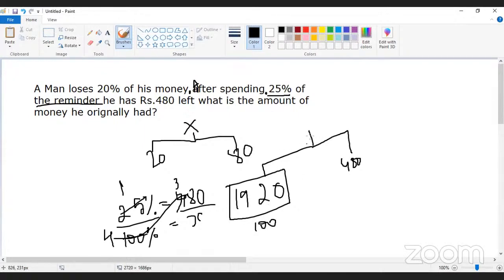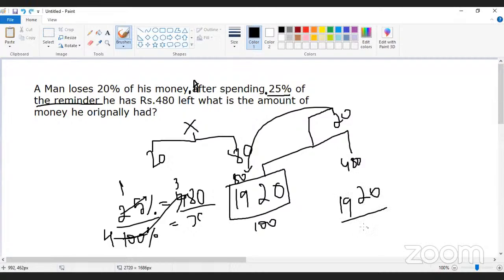Okay, now what happens? Before that, the money was spent as 20%. Then this money will be 80%. Are you getting it? Yes, sir. Okay, so if this 1920 is now the 80%, what will be the 100%?